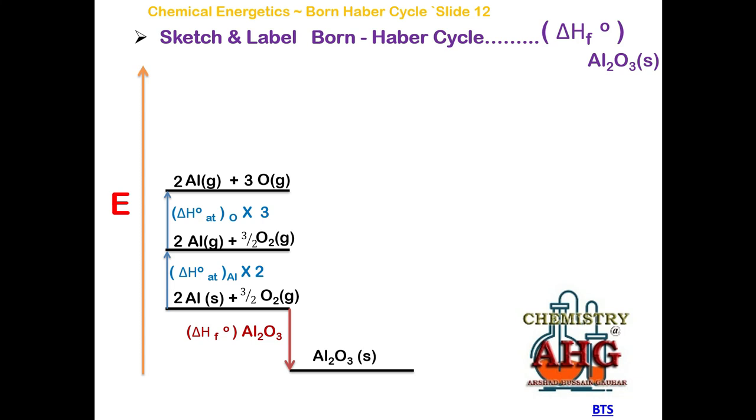Next comes ionization. Again, you can do ionization for any element, depending on which compound is given, but conventionally the metal is ionized first. Why? Because metals lose electrons, and the lost electrons are gained by oxygen.